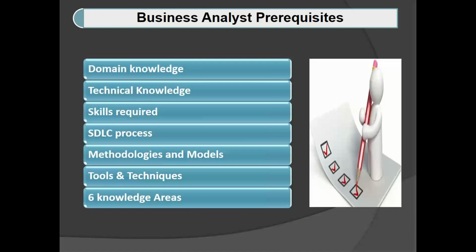For example, if the client is giving requirements and says these requirements you have to develop within 1 week. Now the BA will go to the development team and ask them whether they can develop these requirements within 1 week or not. Then the development team says even if you are going to work 24/7, we can't develop these requirements within 1 week.